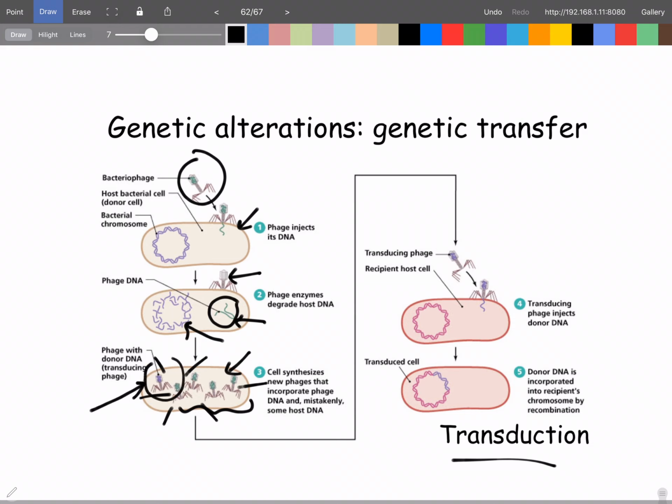But this one that got chromosomal DNA doesn't have the viral genes to take over the cell. Instead, it injects E. coli chromosomal DNA into the host, which can be integrated into this host cell, and now this cell has received some DNA from a different host and may be able to utilize it to its advantage.